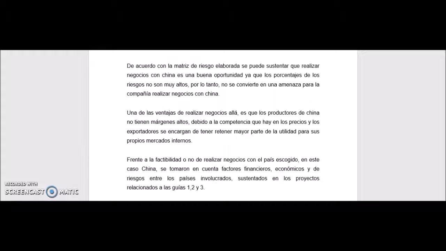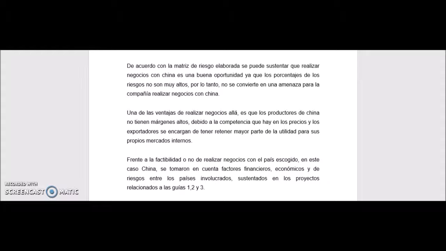And well, analyzing the effectiveness of making business with China, in this case we took into account the financial and economic risks of the countries involved.